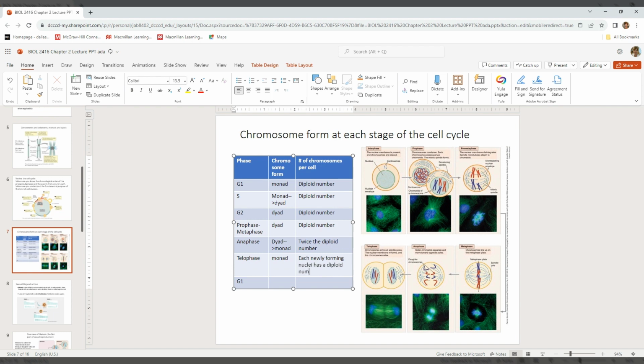But then following cytokinesis, you have two cells, each containing monad chromosomes and each having a diploid number, and that cell is returned back into G1, and then the whole thing repeats.